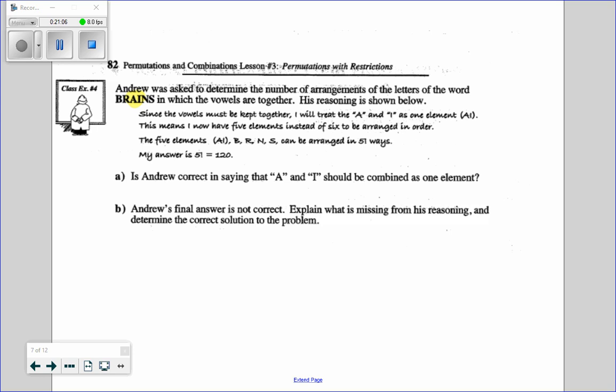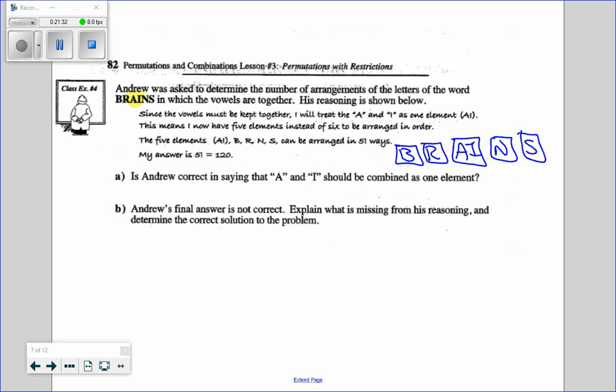So he wrote, since the vowels must be kept together, I'll treat A and I as one element. Or in other words, he'll pretend that A and I are on the same Scrabble tile. So he's got a Scrabble tile with a B, an R, the AI are one Scrabble tile because they have to be kept together, the N, and the S.